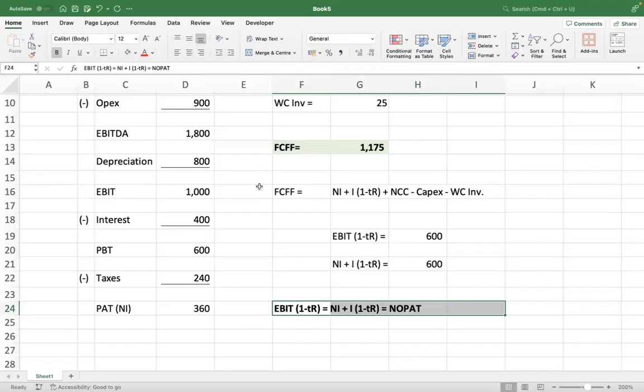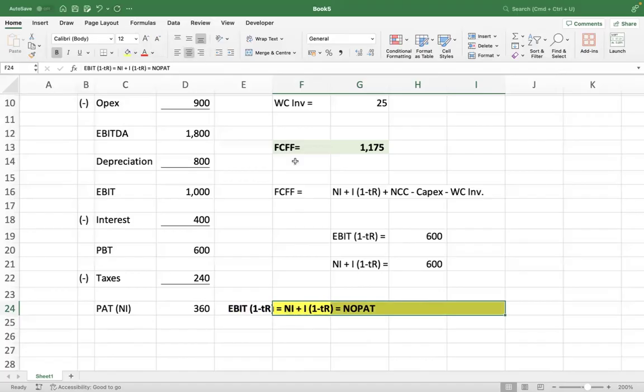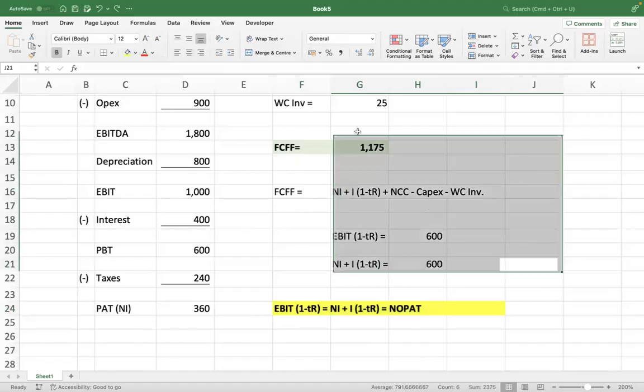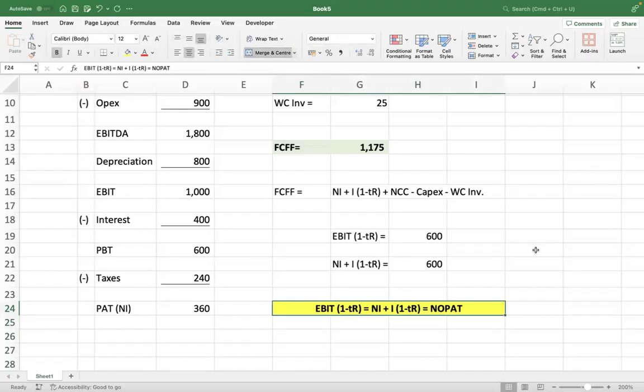Please remember this always, that they are the same things. Okay? EBIT into 1 minus tax rate is the same thing as net income plus I into 1 minus tax rate is the same thing as NOPAT, which is net operating profit after taxes.